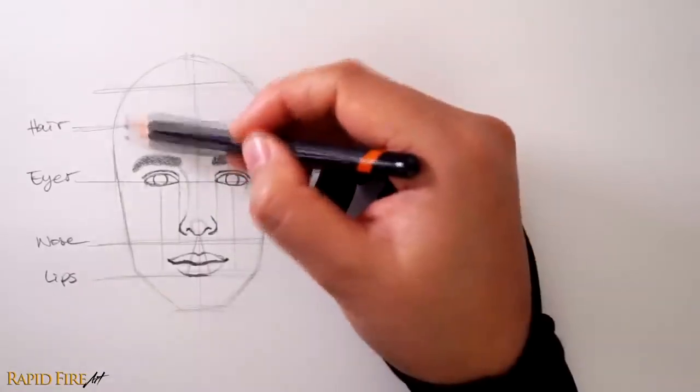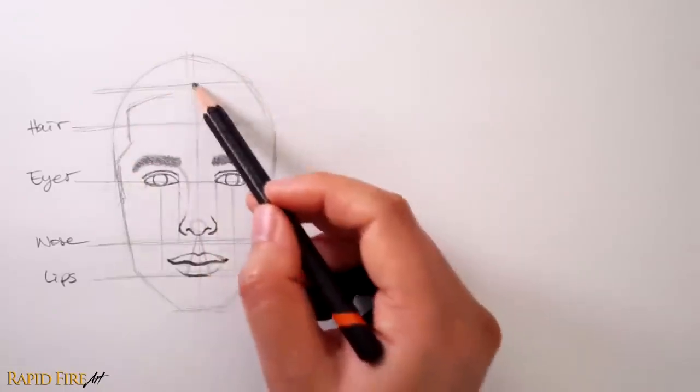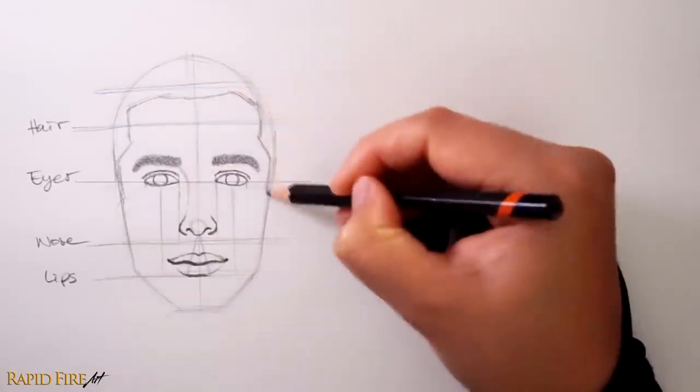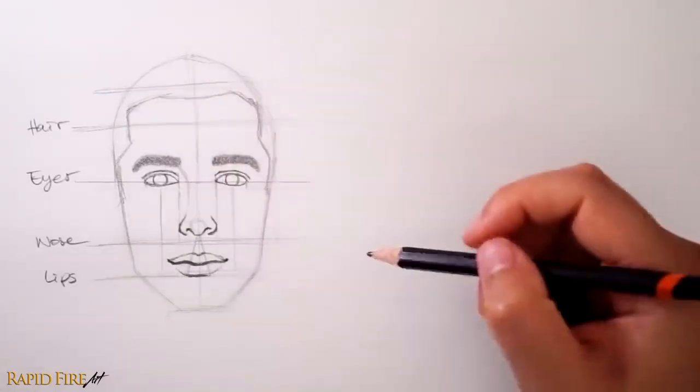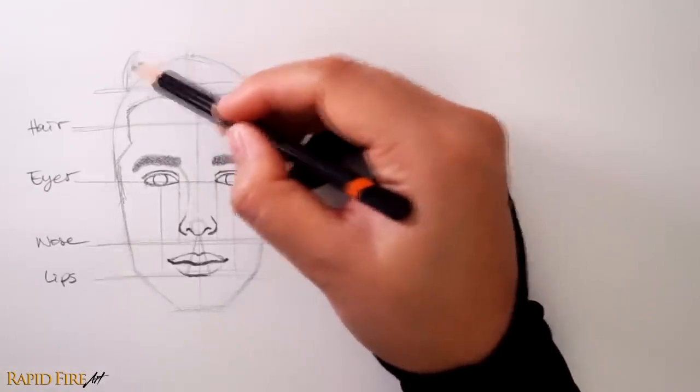For the hair, start at the line labeled hair and draw the sides and sideburns. I like to draw the top part between these two lines. Males tend to have hairlines that are very angular and well-defined.